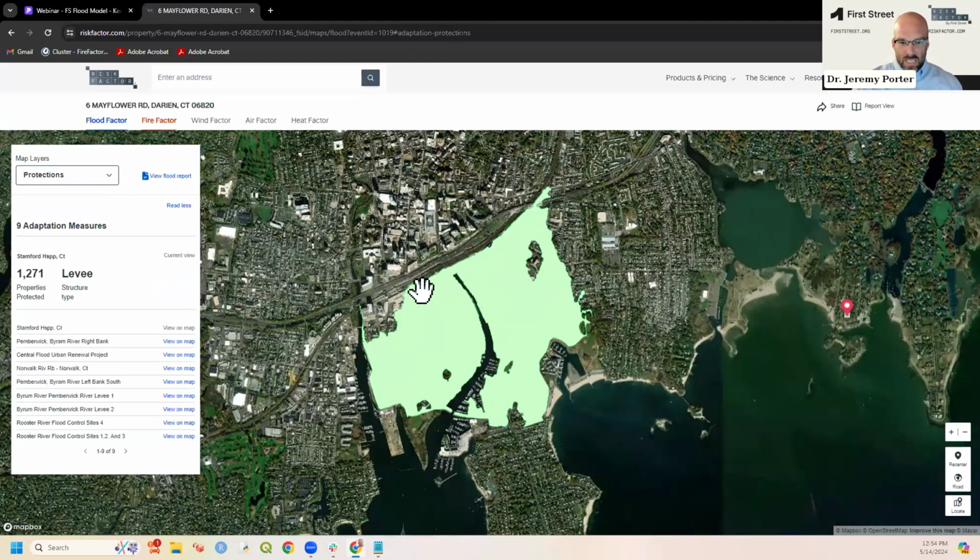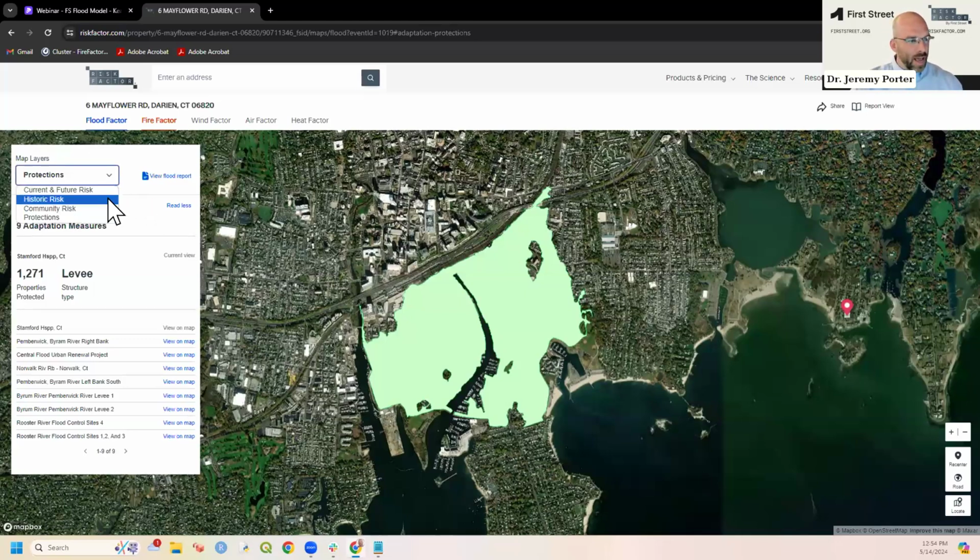So you can actually see the location of the property. We could go in and click on all of these different levee protections, and it gives us the ability, for every single property, to highlight that there are protections put in place around the community. Maybe they protect things like critical infrastructure, electric substations, hospitals, police stations, or maybe they protect the property itself.